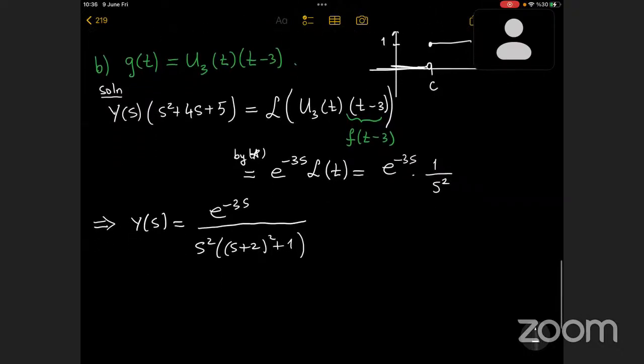Well, to find y of t, we use the inverse Laplace. Y of t is the inverse Laplace of Y(s).